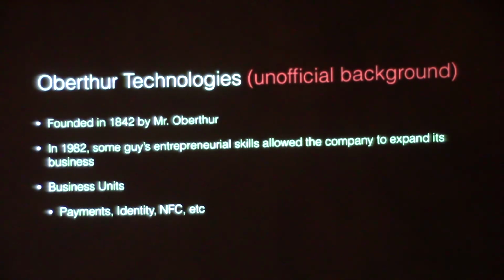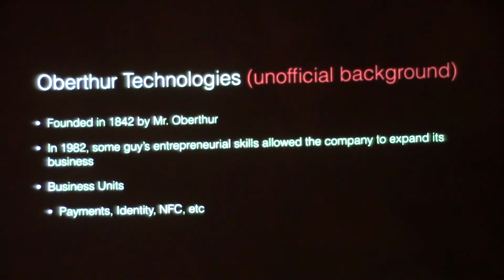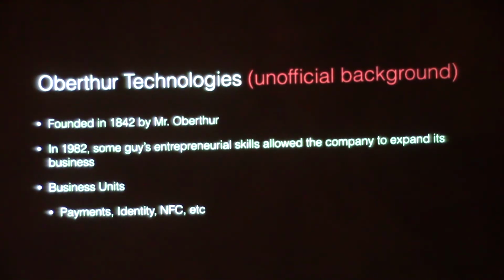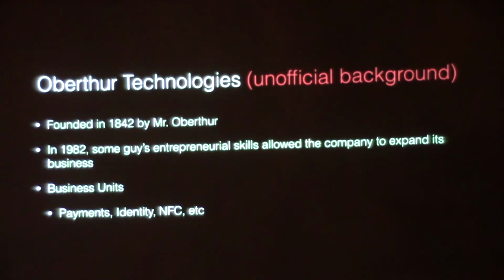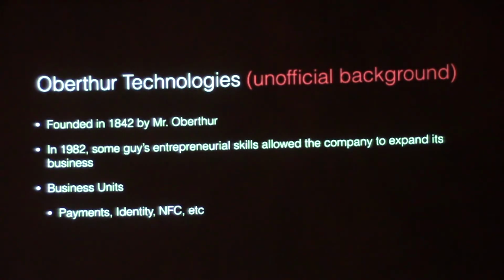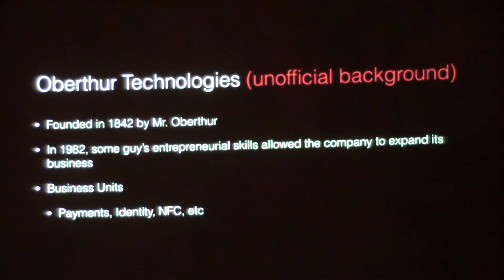Right now we have several business units: payments, RFID, NFC, telecoms. Just to give you a background, the Philippine passport, the brown passport with the NFC chip, that's part of our solutions, and also the Philippine money.